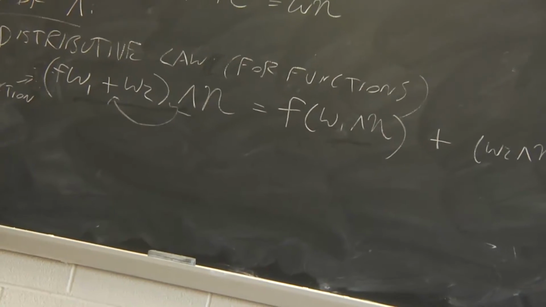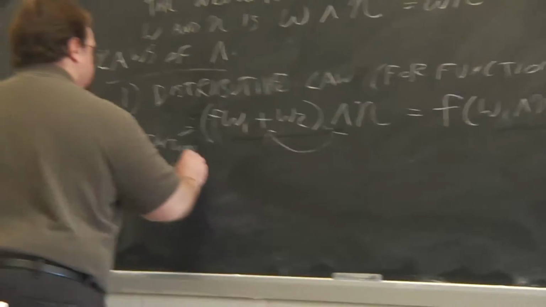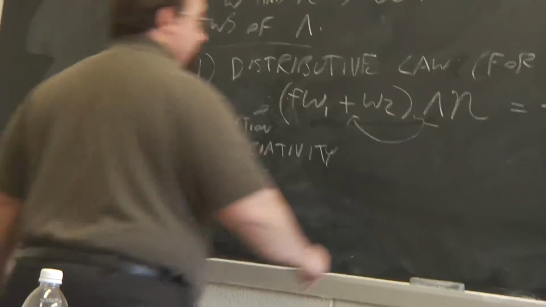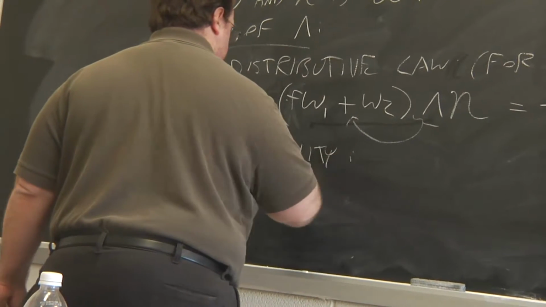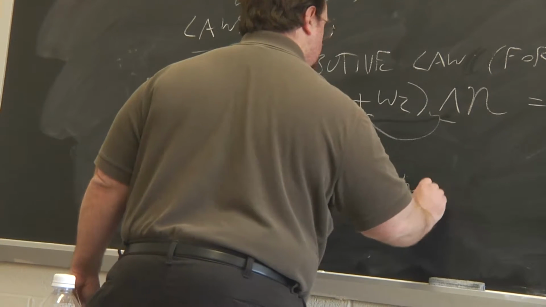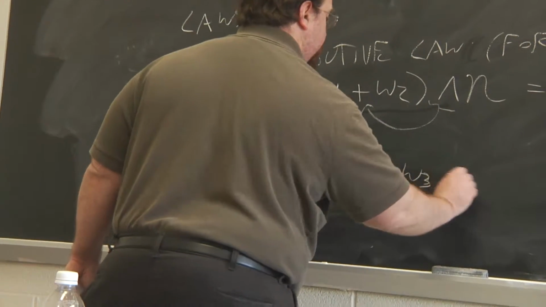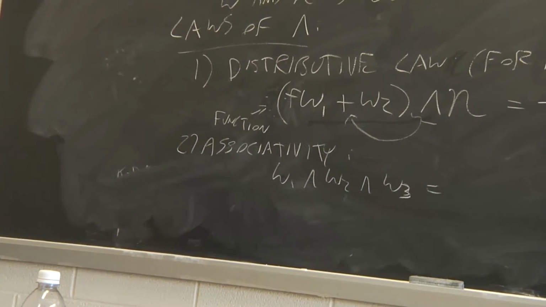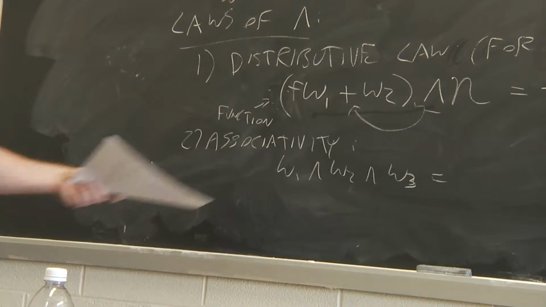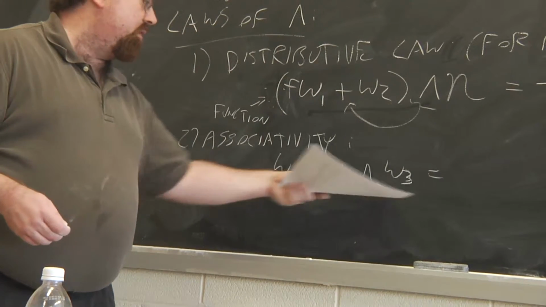Okay. You also have associativity. I'll do anti-commutativity a little later. So if you have several forms that you're taking wedge product of, and we'll do examples of all these shortly, you can evaluate these in whatever order you like. You should not change the order in which they're written.